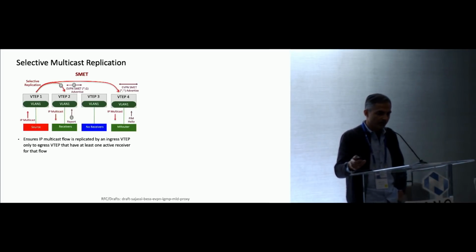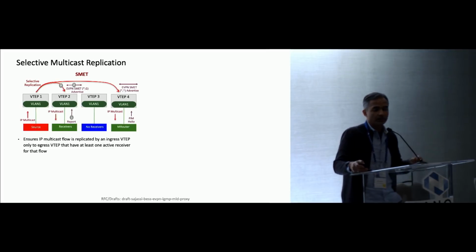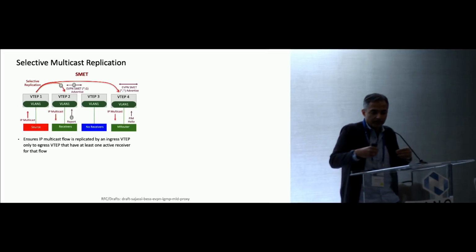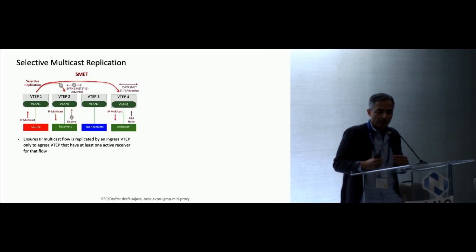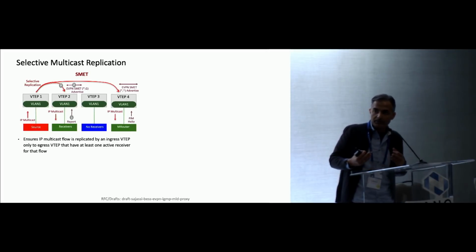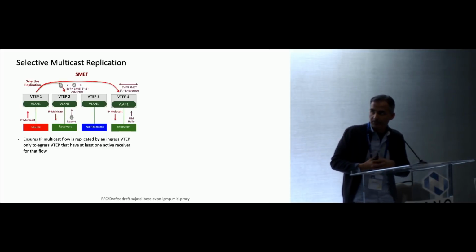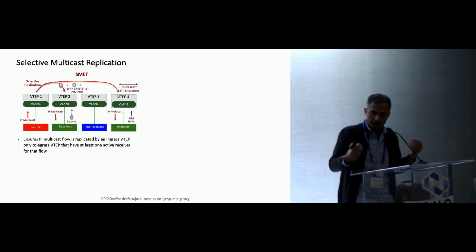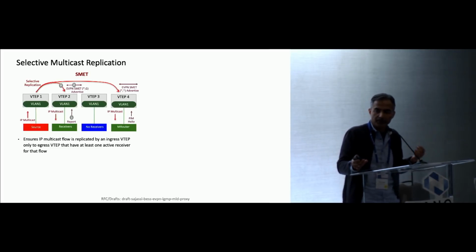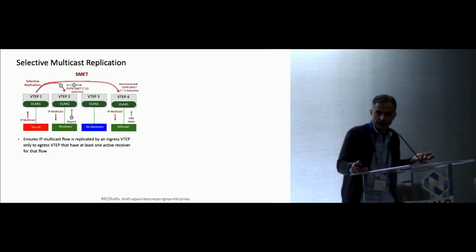The first thing we'll talk about is selective multicast replication. With selective multicast replication, unlike inclusive replication, where all the VTEPs participating in a subnet, whether it's broadcast, unknown unicast, or multicast, all get the frame, we have this additional type 6 route where we can signal the VTEPs that have interested receivers for an IP multicast.